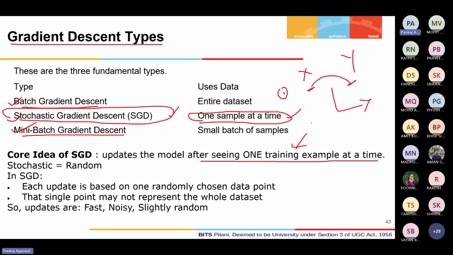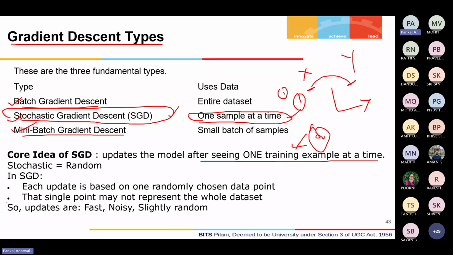And then I'll move on to the second iteration. You got my point? It is just like taking one student at a time, improving him to whatever target you want, and then you take up the second student. This approach is called stochastic gradient descent. You improve the things one at a time.